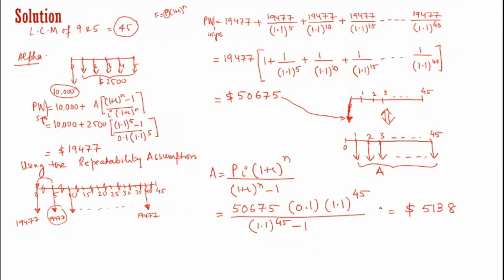So this is the annual worth of the alpha model. These are the annuities for model alpha. On similar lines, let us compute this for beta. So for beta, the life is given as 9 years.